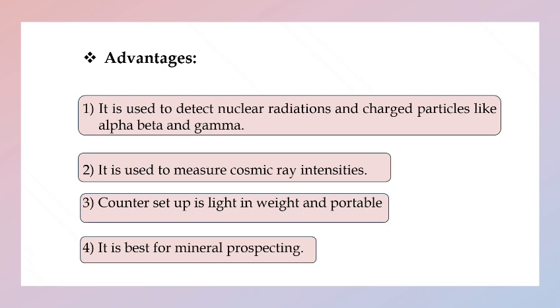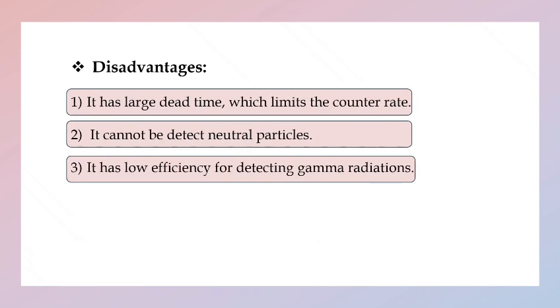The main advantage of GM counter is counter setup is light in weight and portable, and it is best for mineral prospecting. The disadvantages of GM counter are it has large dead time which limits the counter rate. Also, it cannot detect neutral particles, and it has low efficiency for detecting gamma radiations.